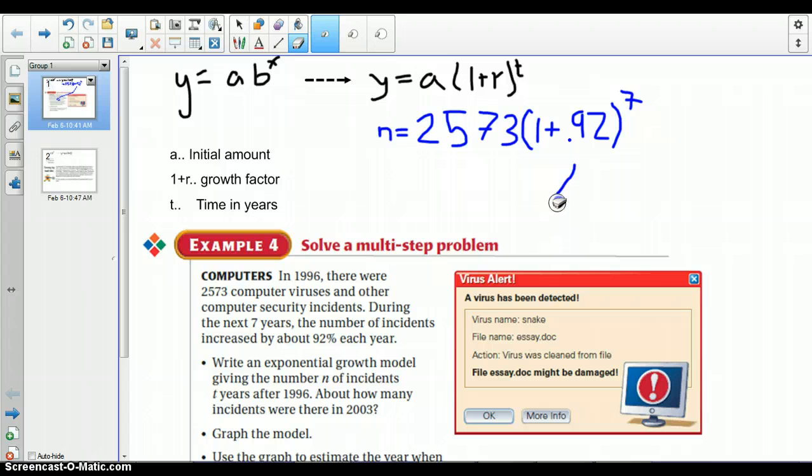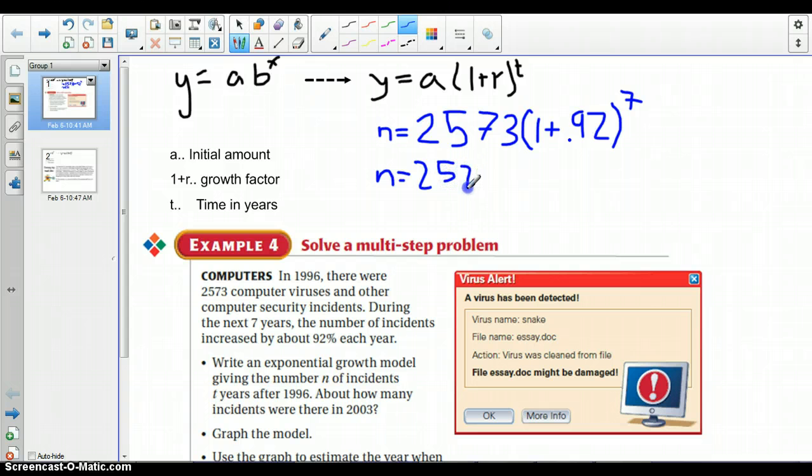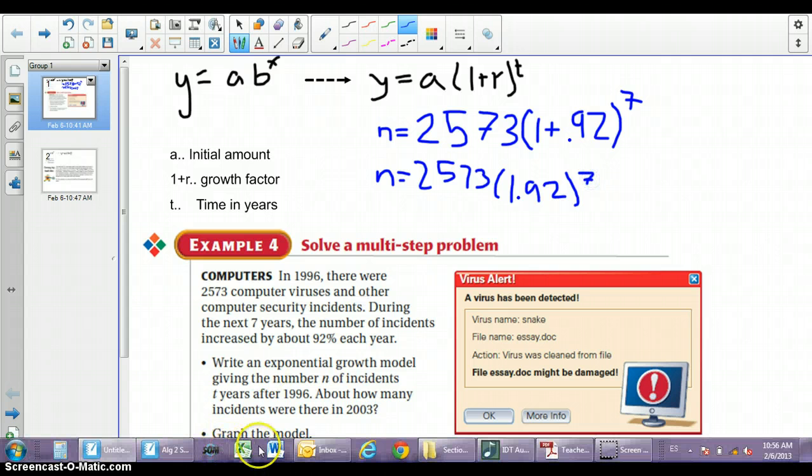That's not the answer, that's the growth model for 7 years after 1996. We can rewrite this as n equals 2,573 multiplied by 1.92 to the 7th power.